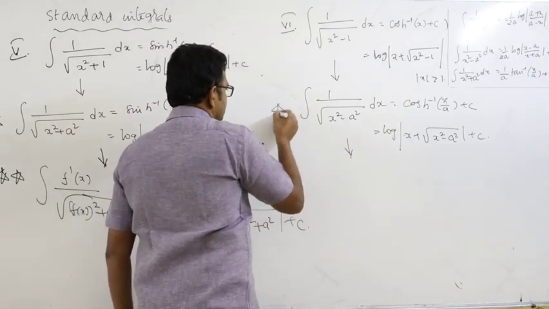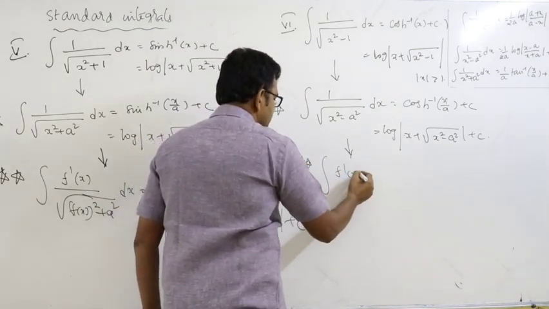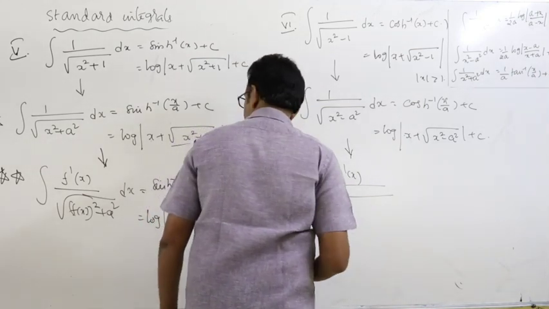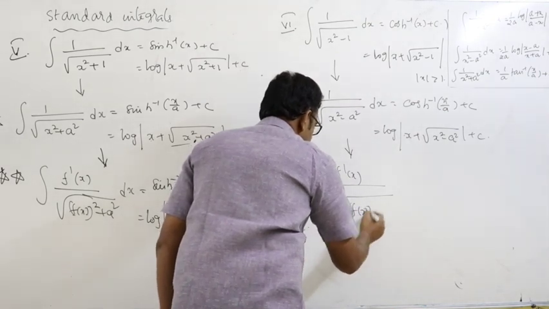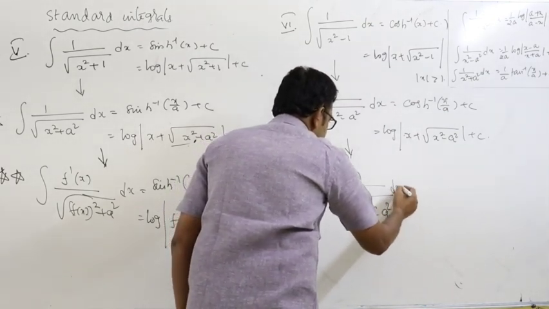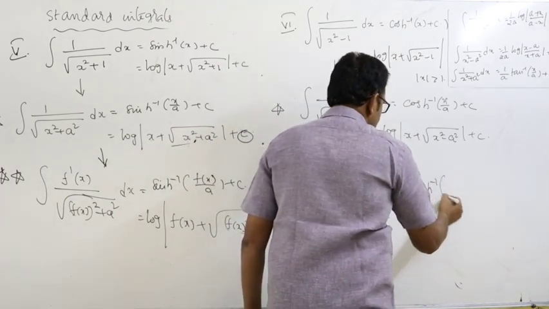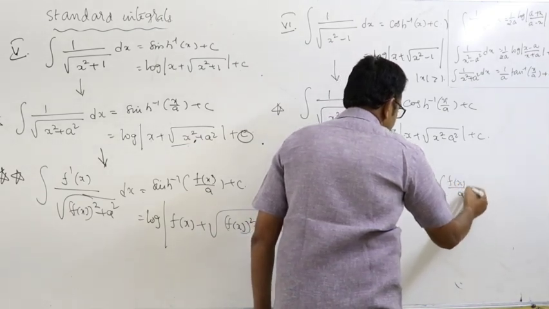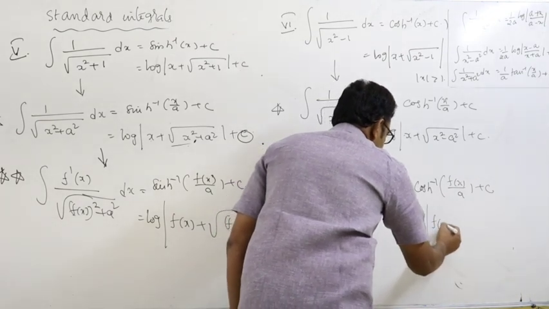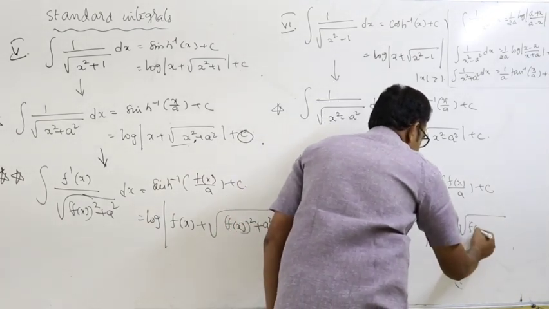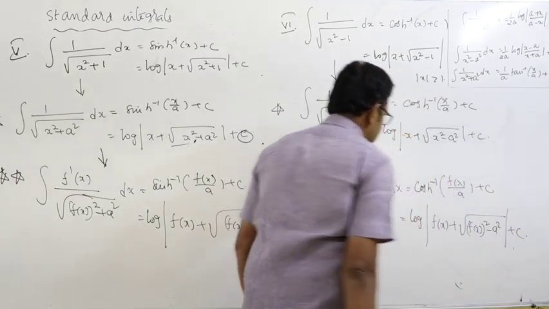And integral f dash x by root of f of x whole square minus a square dx is equal to cos h inverse of f of x by a plus c, or log mod of f of x plus root of f of x whole square minus a square plus c.